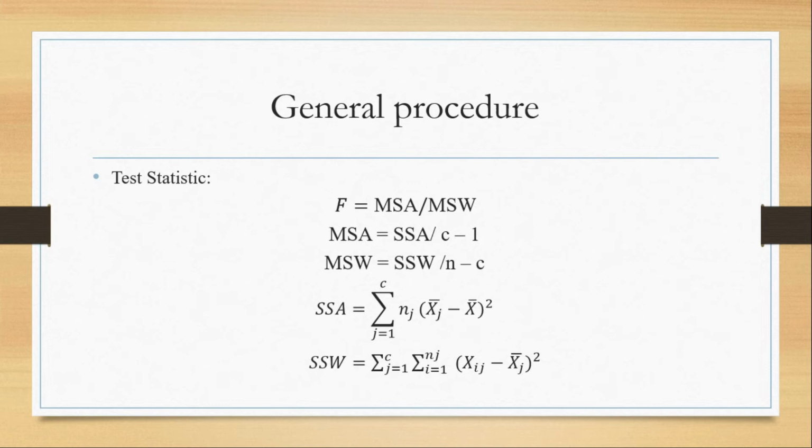These mean squares are equal to the sum of squares divided by degrees of freedom. The sums of squares are also given by these formulas, where nj is the number in each group, xj is the mean of the group, and x bar is the whole mean. The sum of squares within the group is equal to the double summation of xij minus the group mean squared, that is, each observation from each group is subtracted from its group mean.